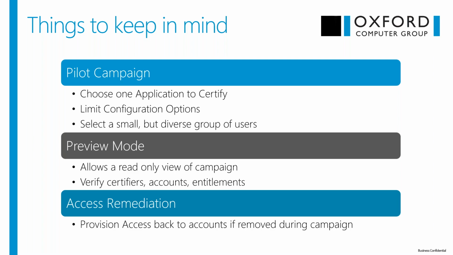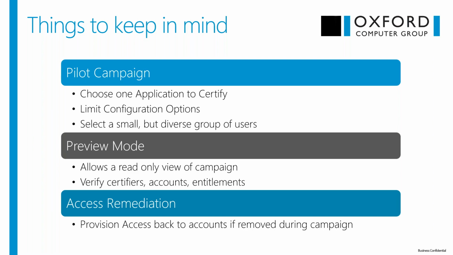So if I'm turning on a lot of options, that makes it more complex. I kind of want to do my first one and make it very simple. So I know when it starts and when you go through it and it ends, everything looks good. So that's why I like to limit my configuration options.